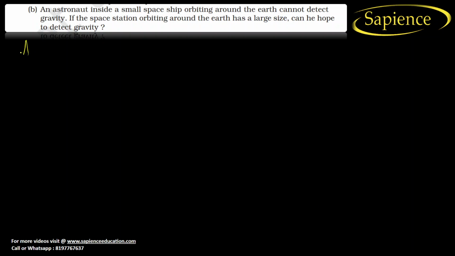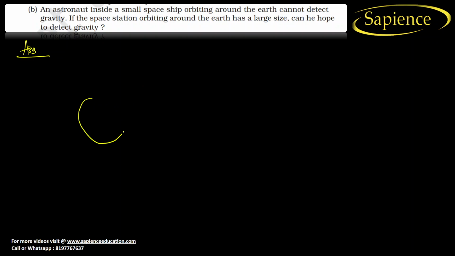Now here see part B of question number 7.1. An astronaut inside a small spaceship orbiting around the Earth cannot detect any gravity. If the space station orbiting around the Earth has a large size, can we hope to detect the gravity?